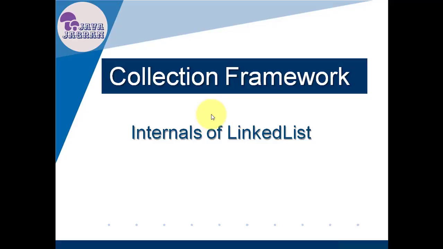As you have seen, vector and array list internally store the data using a data structure called a growable array. But the linked list is a little different from vector and array list. It does not store the data in the form of an array.